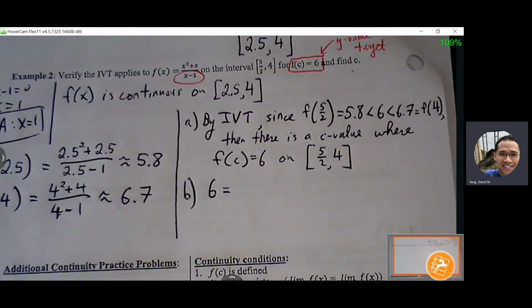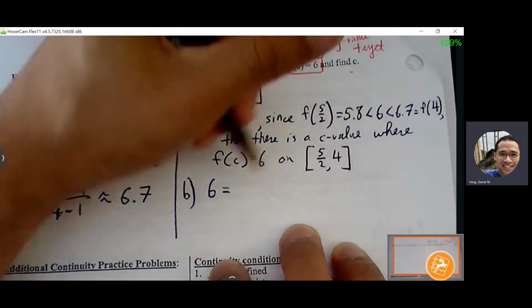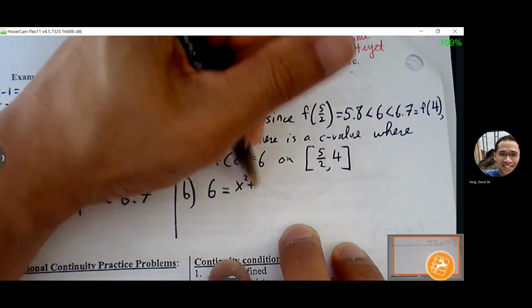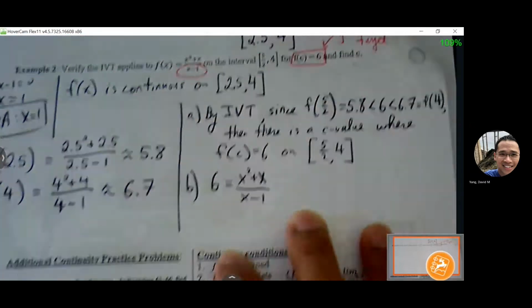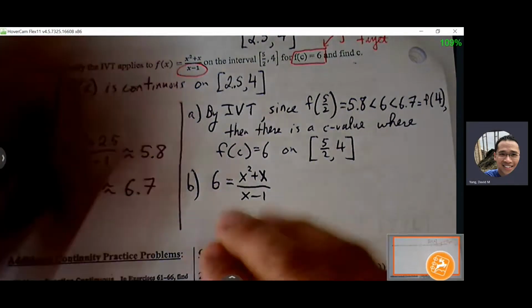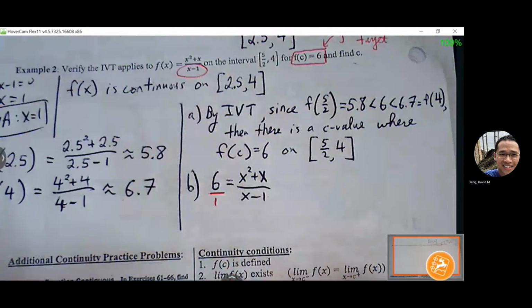We have the y value. We're just now looking for the x on the graph. I'm going to force this into a fraction and cross multiply here.